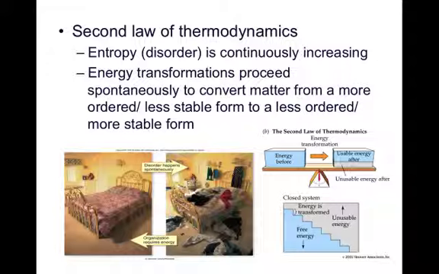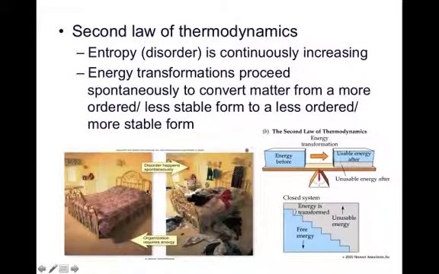Now, if we didn't put any energy in, this disorder would continue to increase until there was absolute chaos. However, because we can put energy into the system, we can reorder things. So these energy transformations proceed spontaneously to convert matter from a more ordered or less stable form to a less ordered and more stable form.